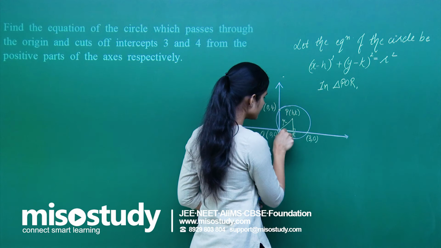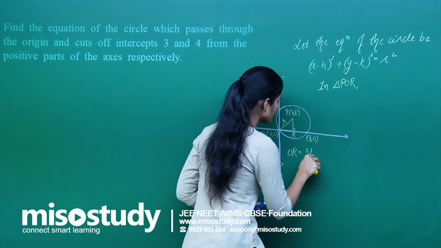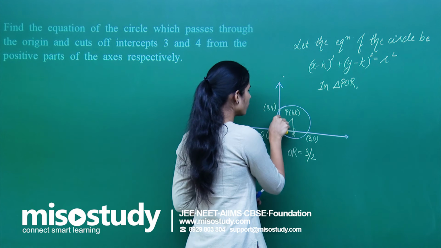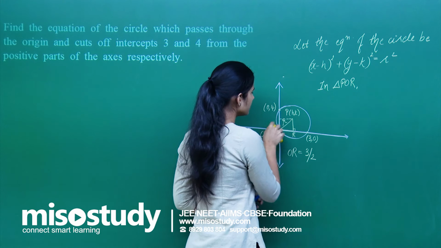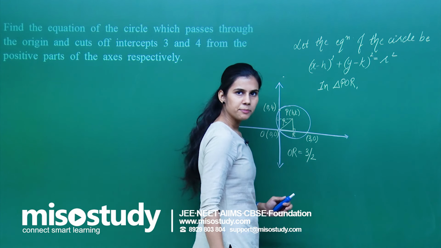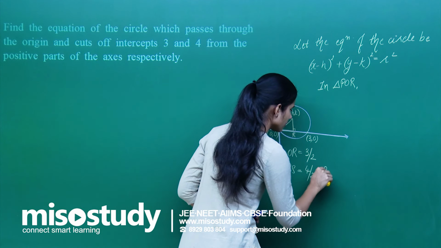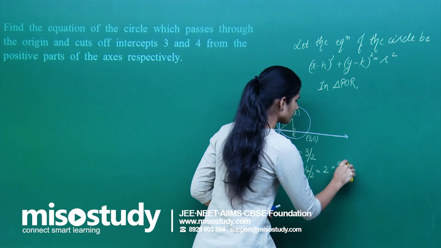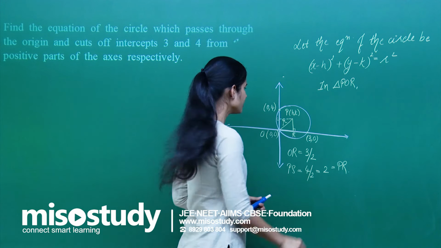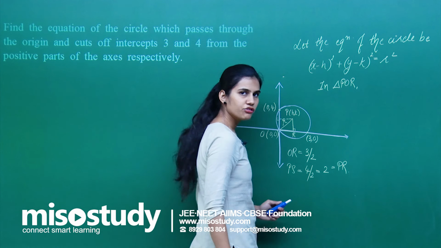Obviously if this complete is 3, OR is half of 3, and if this complete is 4, and I drop a perpendicular from here to here, say this is S, then PS is half of 4, and PS is the same as PR. So you are getting PR is 2 and OR is 3 by 2.